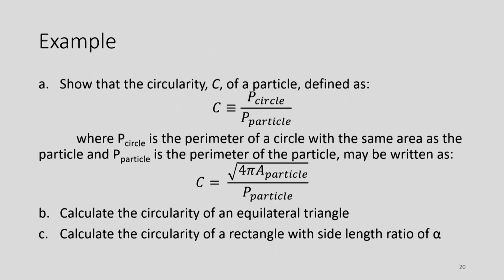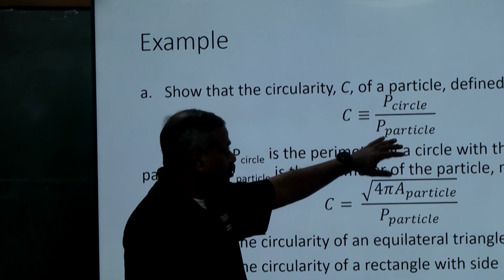We'll do some calculation, just to get you into the mode of calculation. We didn't do any calculation in the previous lecture, right? I do not know the answer, but you all will have to come up with the same answer. Show that the circularity of a particle is defined as perimeter of circle over perimeter of particle.